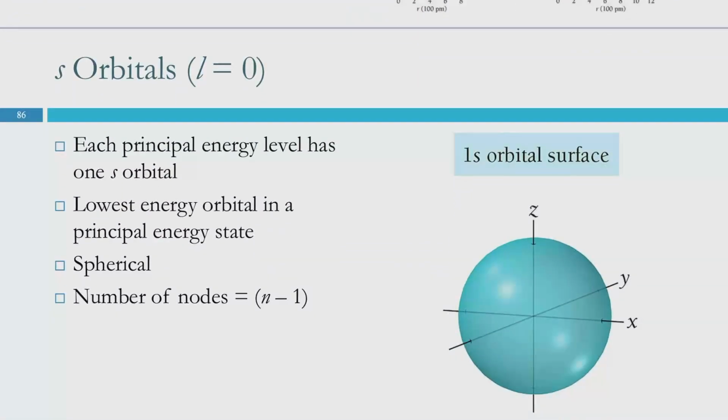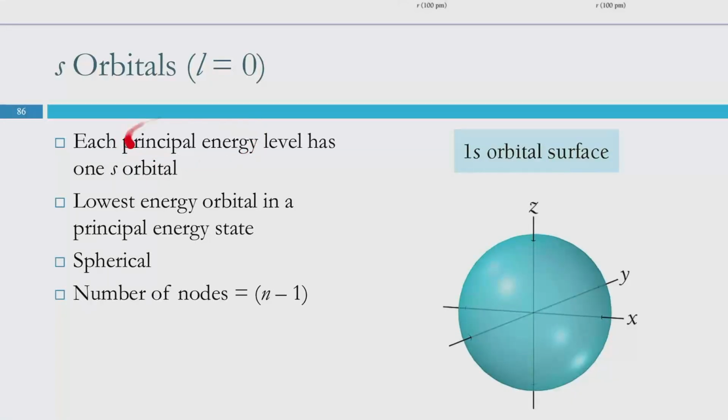So for our s orbital, each and every principal energy level, which quantum number symbol is that? Which one's our principal? M sub s, M sub l, L, or n? It's n.